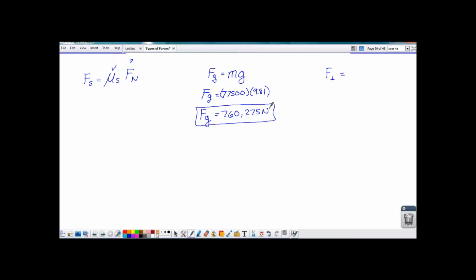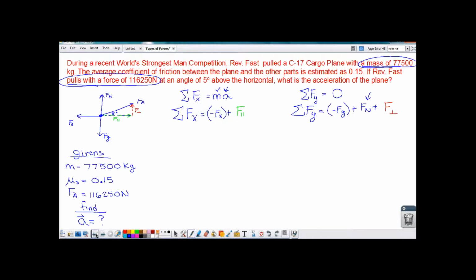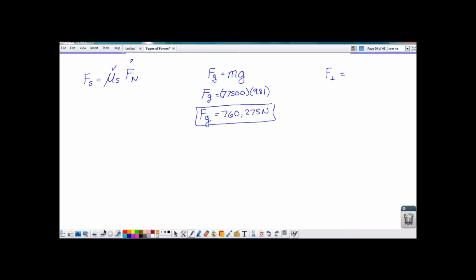All right, so we've got this one. Now we need to find the perpendicular component. To find it, we have to go back and look at our picture. This applied force here is 116,250 newtons. I'm going to redraw just this portion on the next page. 116,250 newtons, and that was at an angle of 5 degrees above the horizontal.